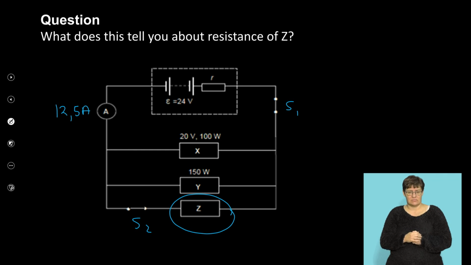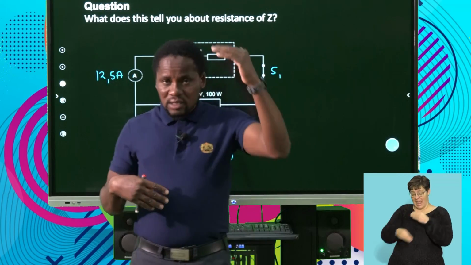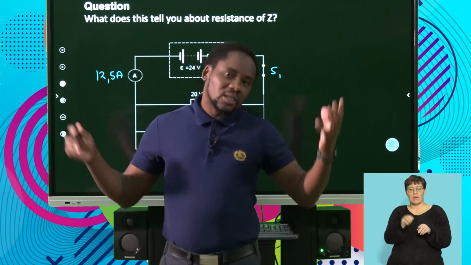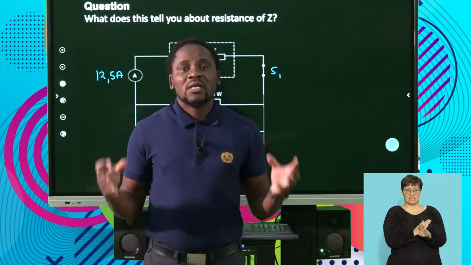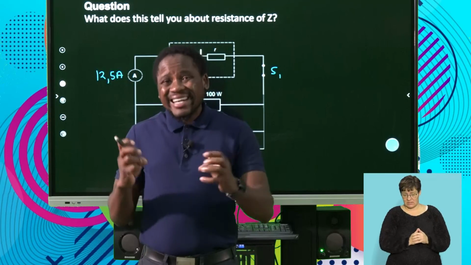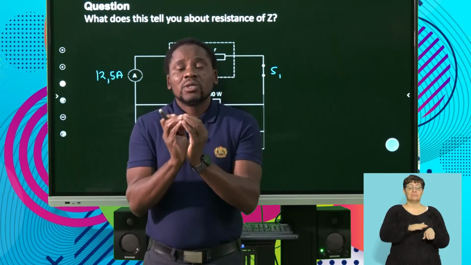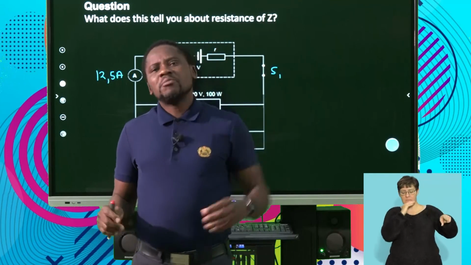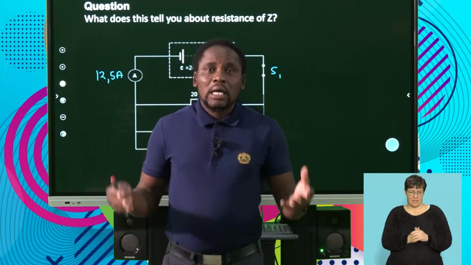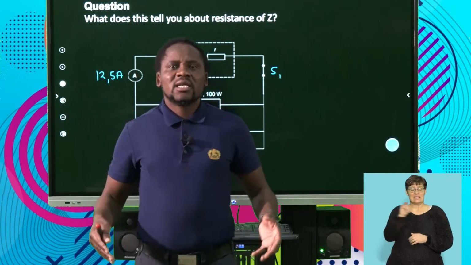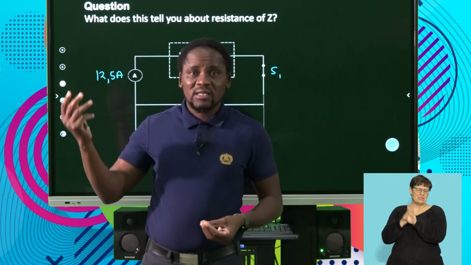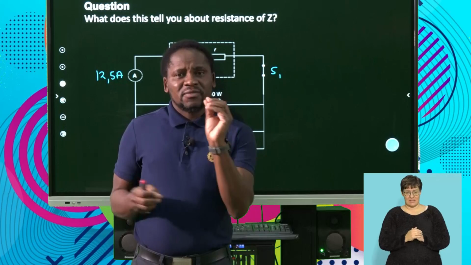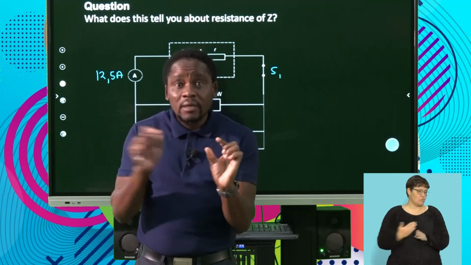Remember, the more resistors we add in parallel, the more we decrease the effective resistance in the external circuit. So if the total current remains constant, it simply means that by comparison, component Z has very high resistance, such that there is very little or no current passing through it.